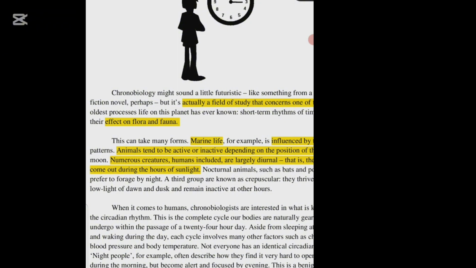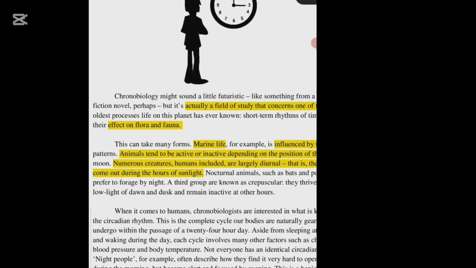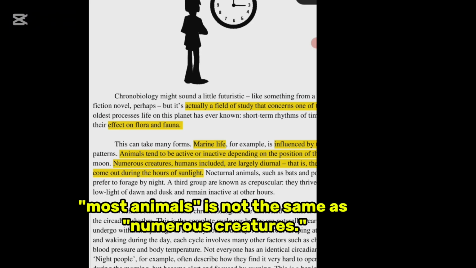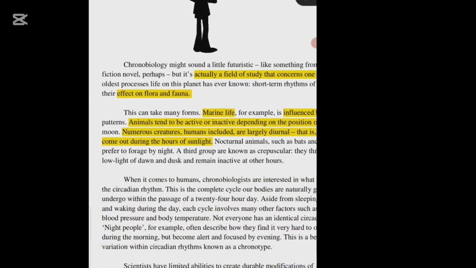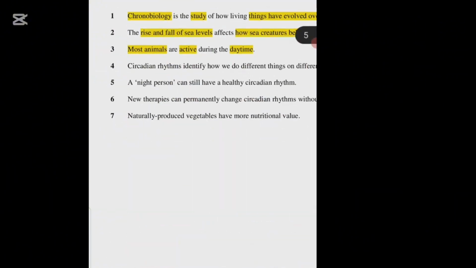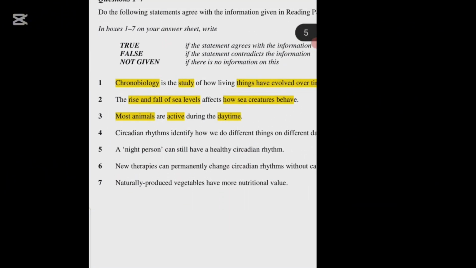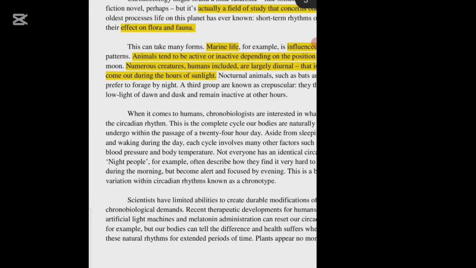Numerous creatures, first of all, isn't the same thing as most animals. Animals are a kind of creature, right? Your mountains, the hills, the plants are all creatures as well. So of course, numerous creatures, humans, one of them, like to come out during the day. So we do not see the information about animals being active during the day. What we have instead is the idea of numerous creatures being active during the hours of sunlight.